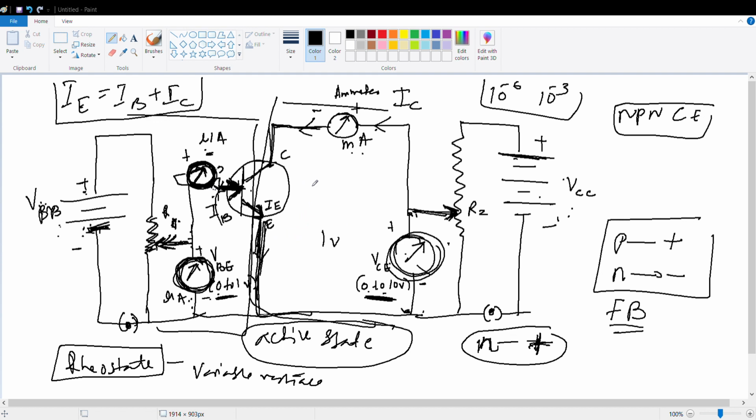An electronic device that increases the amplitude of voltage, current or power of a weak signal by drawing energy without distorting the original waveform. Add here, without distorting the form of the original signal. Understood? Everybody clear? Yes, sir.